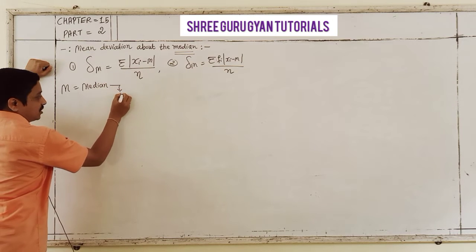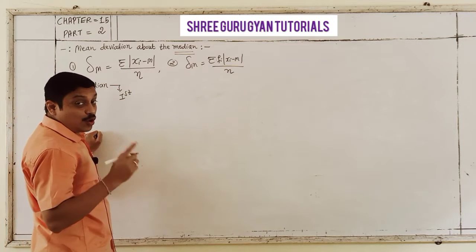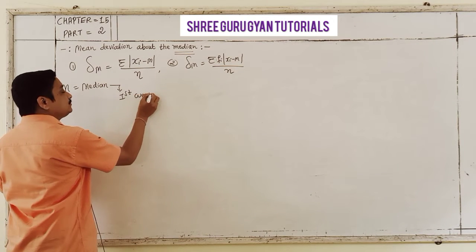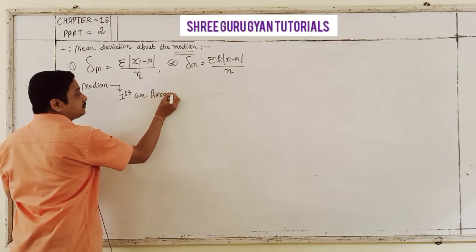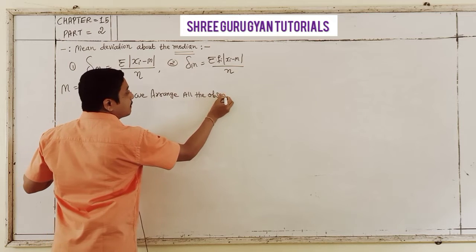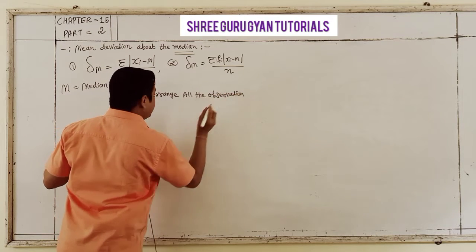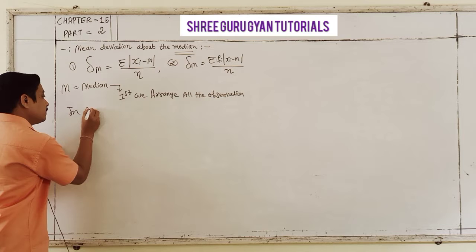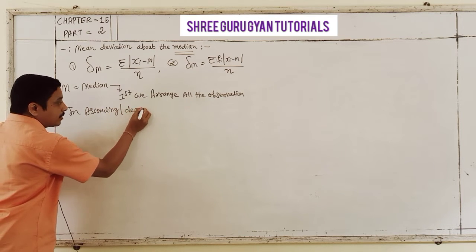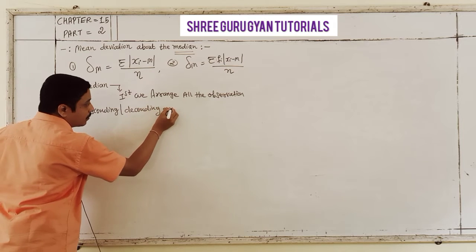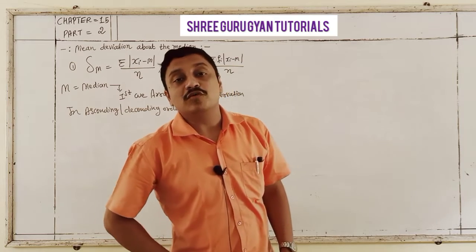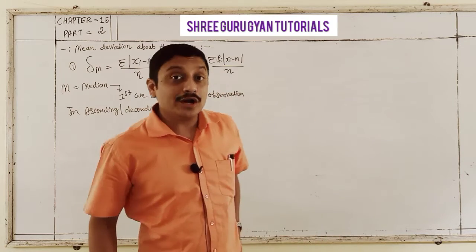So for the median M, always first arrange all the observations in ascending or descending order, and then after we will decide whether the number of observations is odd or even.